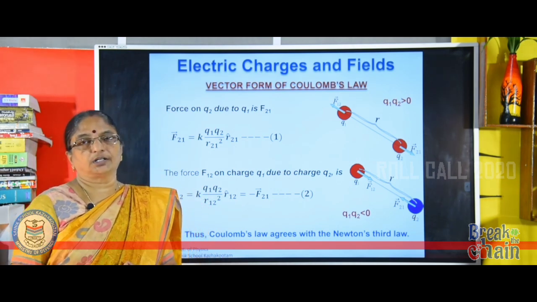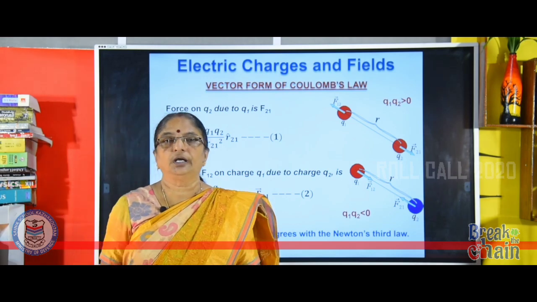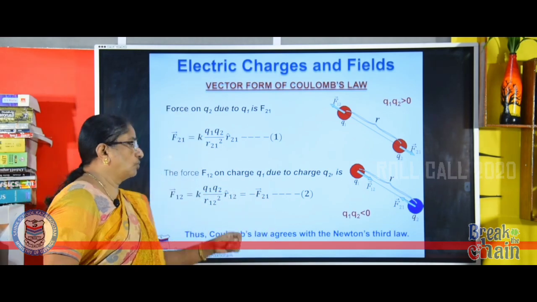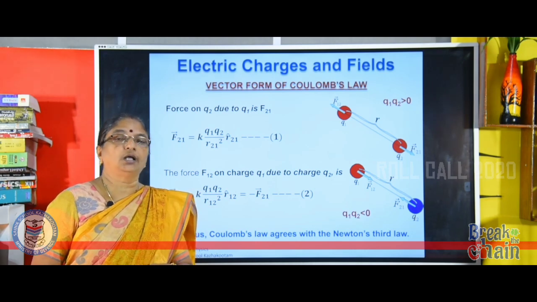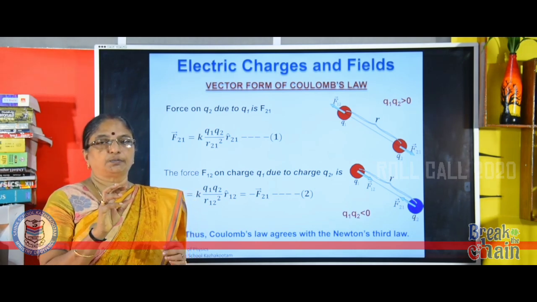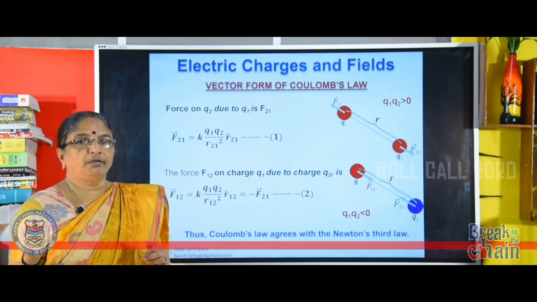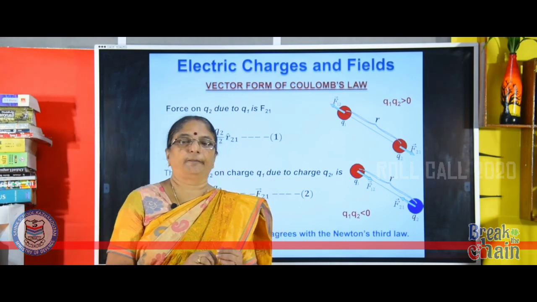For every action there is an equal and opposite reaction, which is Newton's third law. So Coulomb's law agrees with Newton's third law, which shows that if the charge A is experiencing a force on B, B will exert an equal force on A.